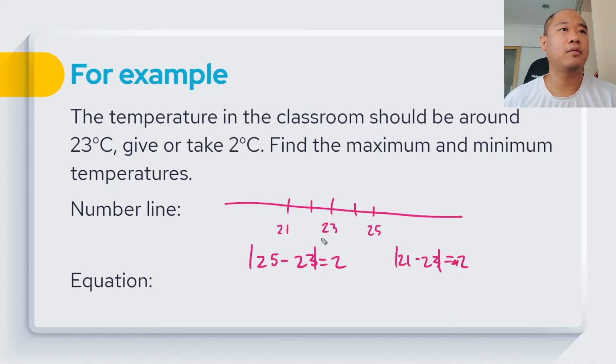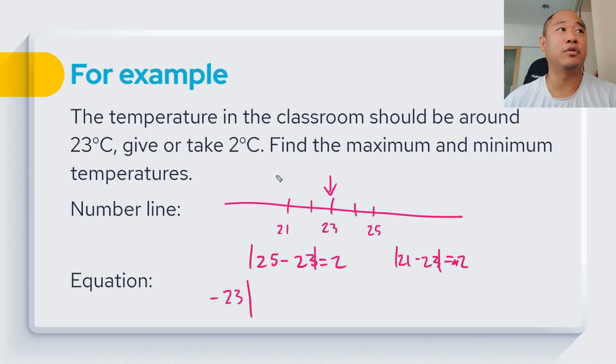So to write our equation, we take our middle point and place that in the absolute value. And we subtract that because it's the difference that we're trying to find from both sides of the range.